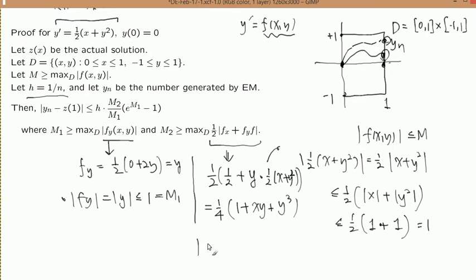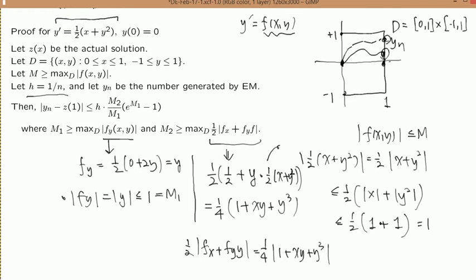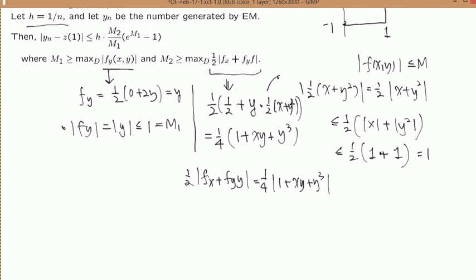So if I put absolute value around it, altogether that is 1/4 out front, times the absolute value of 1 plus xy plus y cubed. If it's three numbers added together and then the sign changes, versus writing each individual thing as a positive number, of course this quantity is going to be bigger than before.